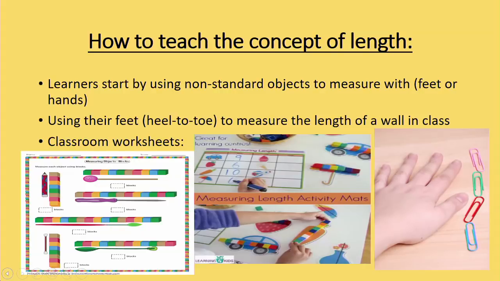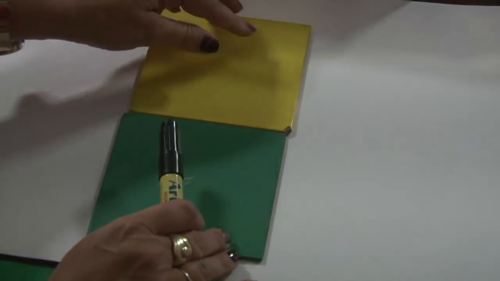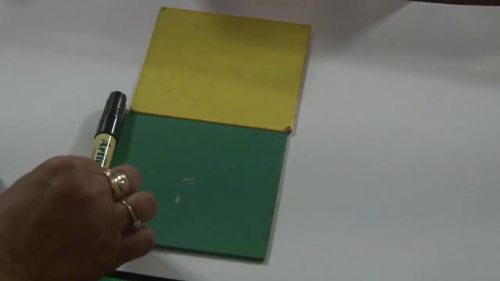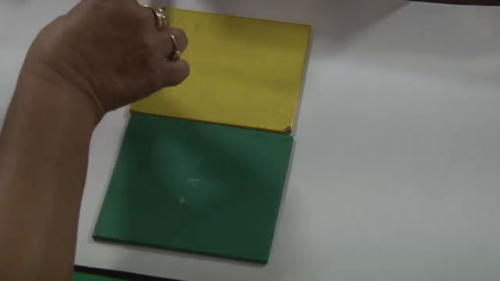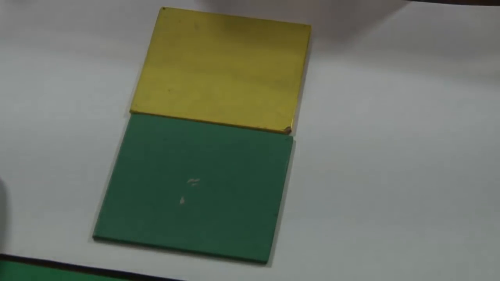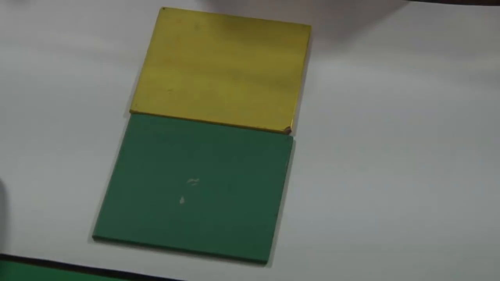So for example, I use my hand, or say for instance, I have this length, so I can use my pen to measure and see this length is my pen plus 3/4 of my pen. So the learners will say this is 2 parts or 2 times the length of my pen.